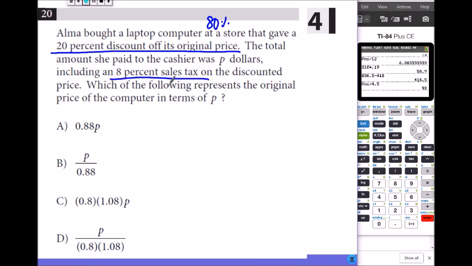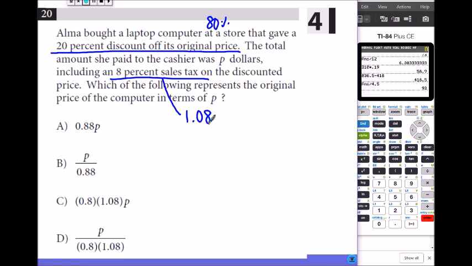That means you're going to pay 100% of the price of the item, 1, and 8% will be 0.08. That's how much you pay. Because you don't just pay the tax, you pay the cost of the laptop after discount, and you add 8% of it. Which of the following represents the original price of the computer in terms of P?